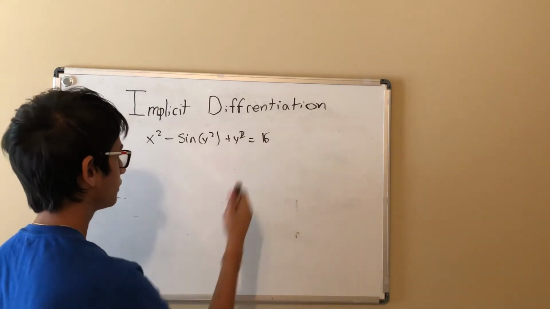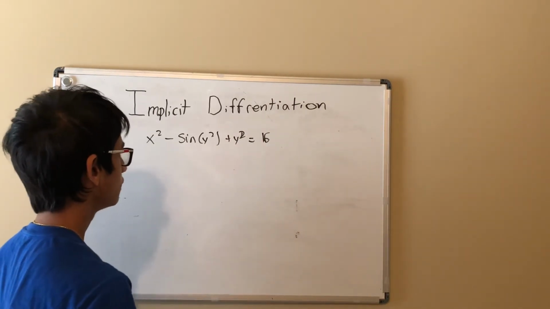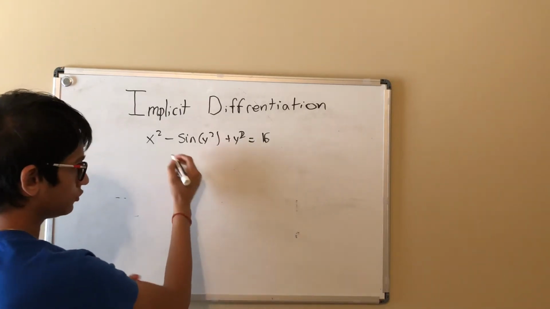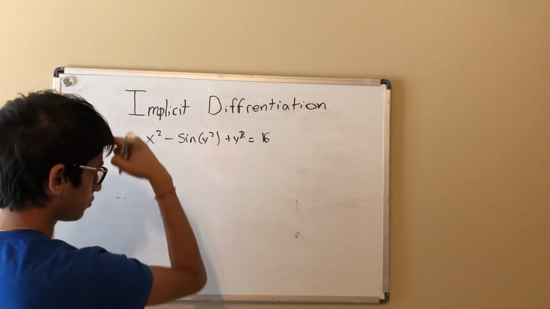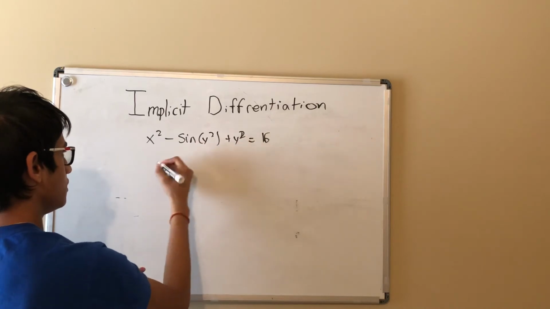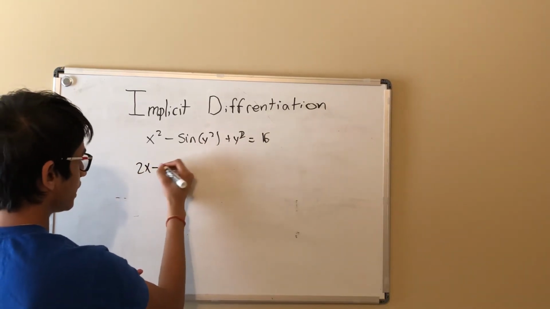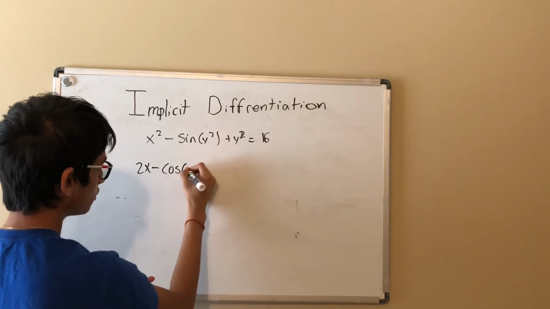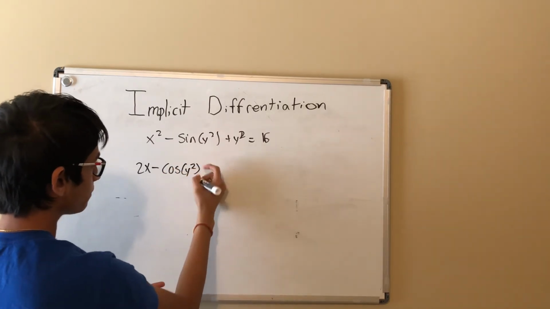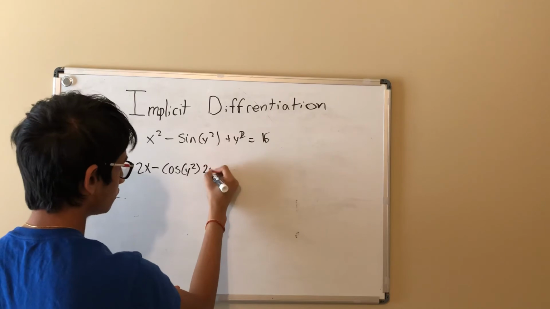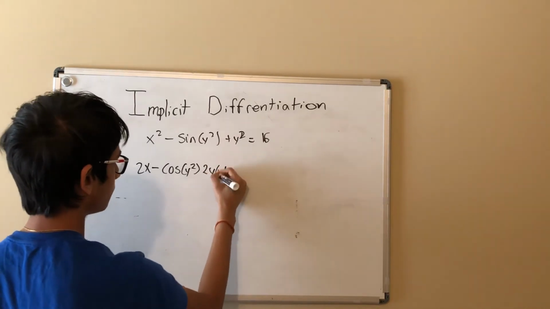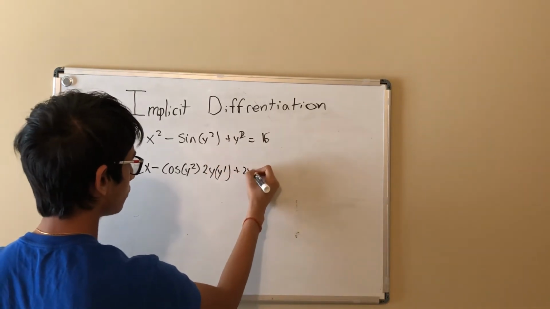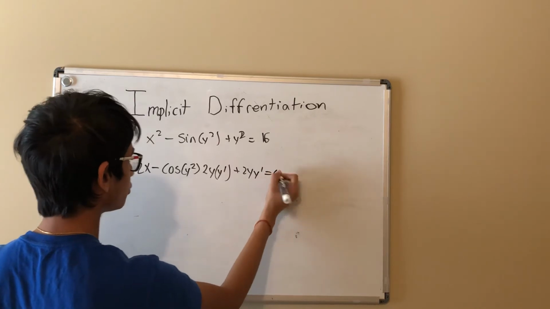I'm not sure if this would work, but regardless, so first thing that you do, right, is you take the derivative of this, right? So 2x minus the derivative of sine, which is cos y squared, the derivative of y squared is 2y y prime, plus 2y y prime equals 0.